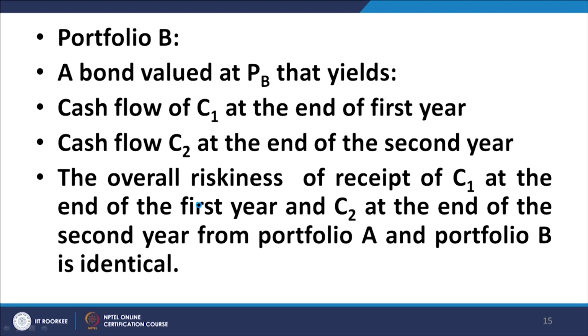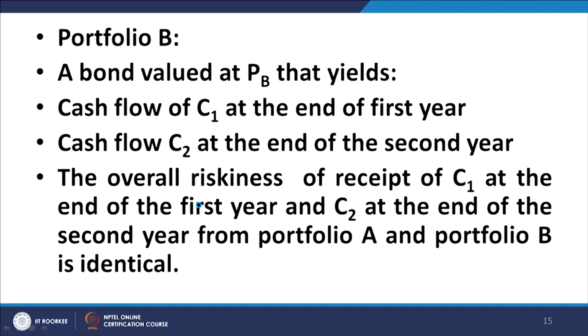And the second feature of this bond is the riskiness. Let me keep it abstract. I will use the word riskiness instead of a probability, some measure of riskiness, because I want to keep things simple and generalized.